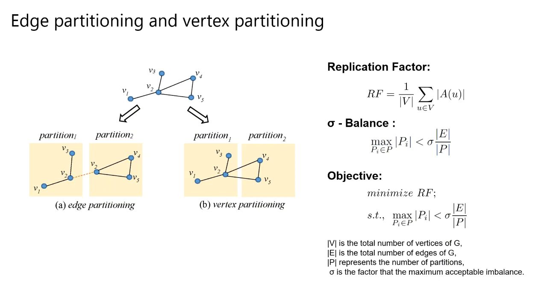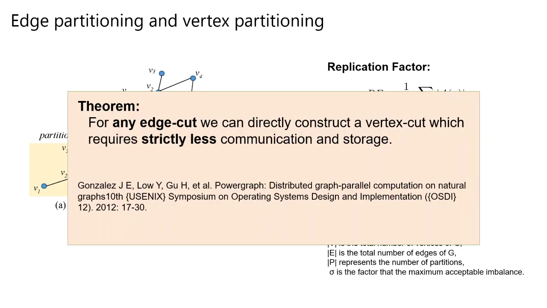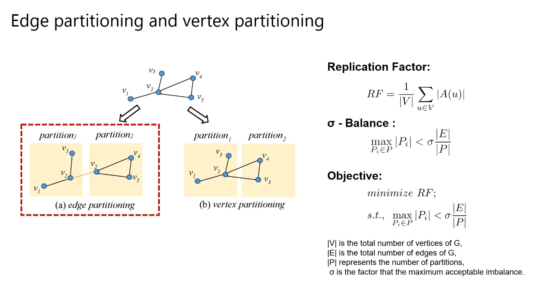Edge partitioning cuts the vertices and vertex partitioning cuts the edges. There's a theory from the paper PowerGraph. It said any edge cut problem can be transformed to a vertex cut and yield better results. So in this paper, we are mainly working on edge partitioning.